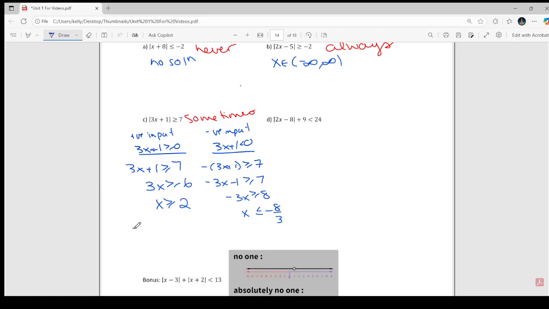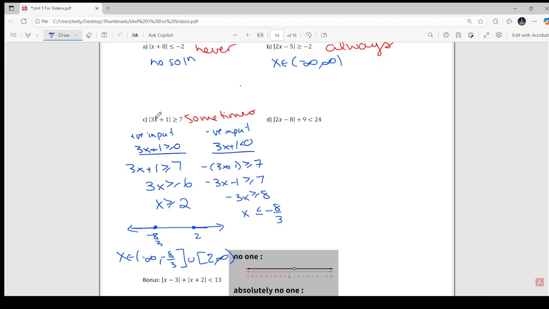So what this means on a number line is less than or equal to negative 8/3 or greater than or equal to 2. Okay, and then that can help you use your interval notation. So from negative infinity to negative 8/3 and from 2 on. And you can always check a number in the interval, so say 3.